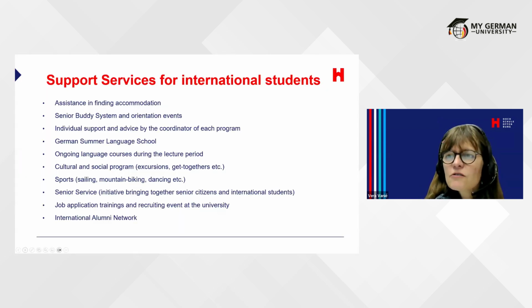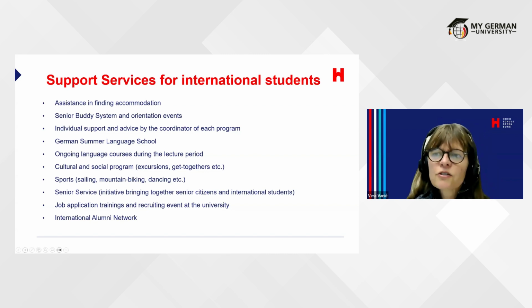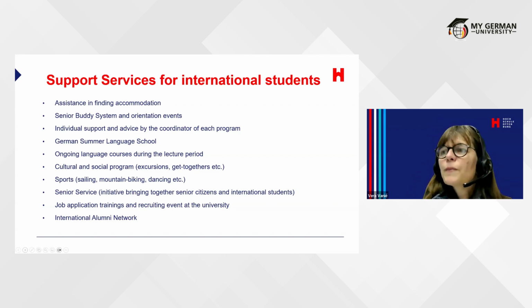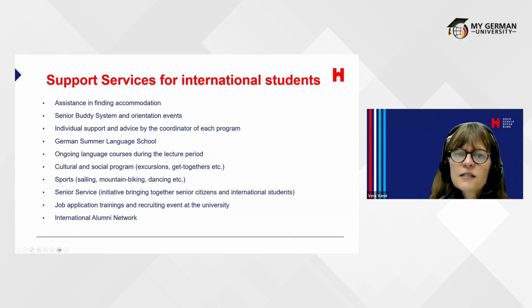I just wanted to add some examples of our support services for international students. So we also assist you in finding accommodations. We have student houses here and we have private accommodations also. So in case you need assistance, normally all of the international students need some, we will help you to find some.